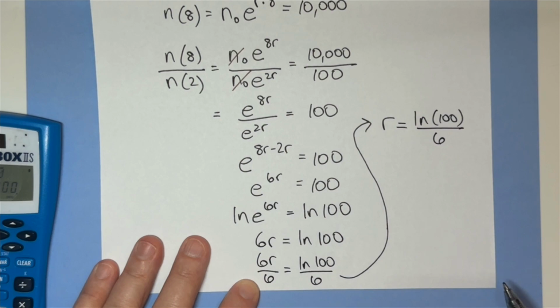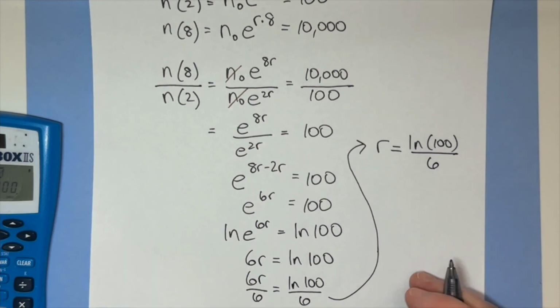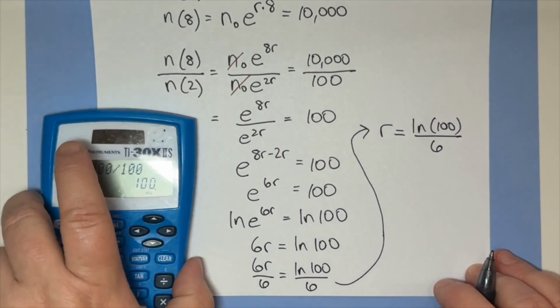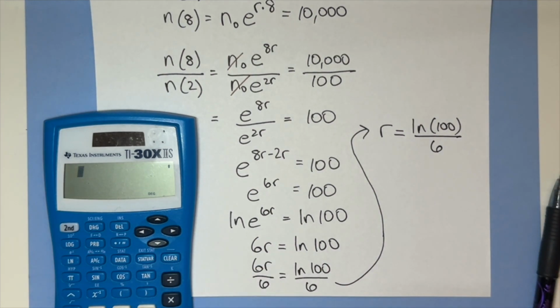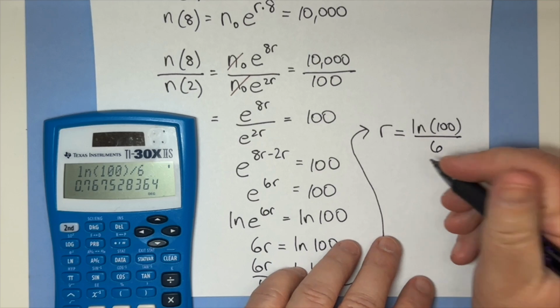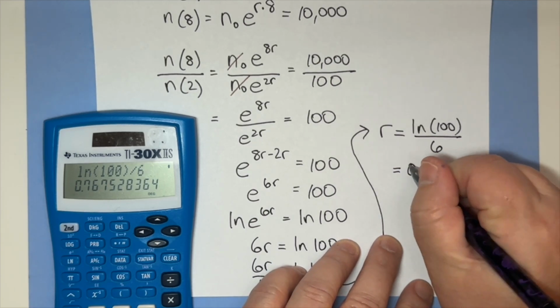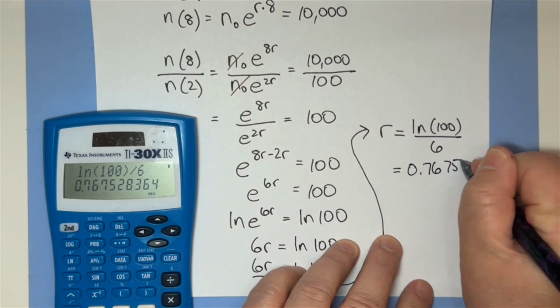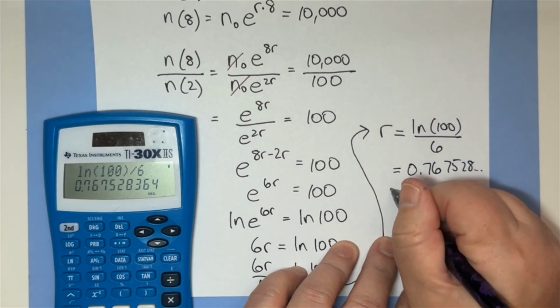And I could leave it like that, but let's go ahead and figure out what it's equal to. So right here, natural log of 100, close parenthesis, divide by 6, is going to be 0.767528 and some other numbers.